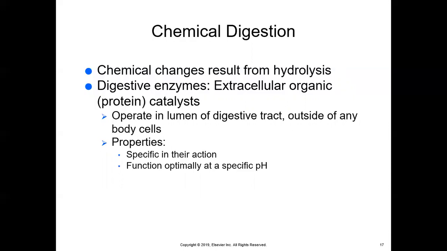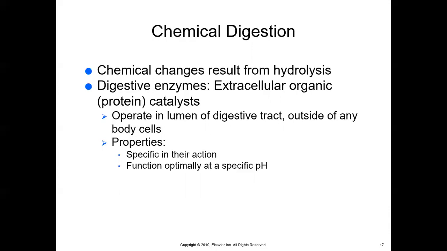They help move along a reaction. So the digestive enzymes operate in the lumen of the digestive tract. They're outside of any body cells, but they're in the empty space in the digestive tract. So inside the stomach, the small intestine, and the large intestine, they're in the lumen, the empty space inside those.